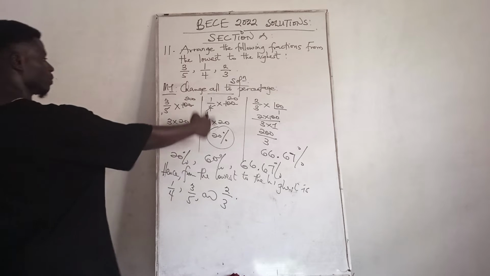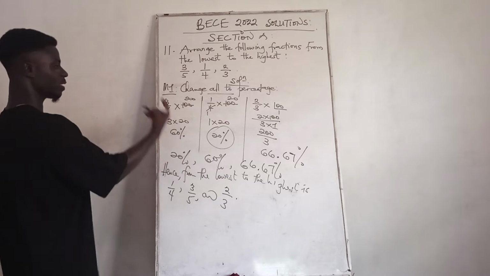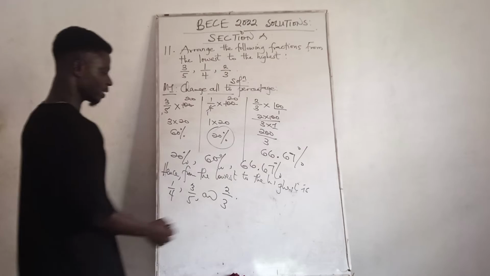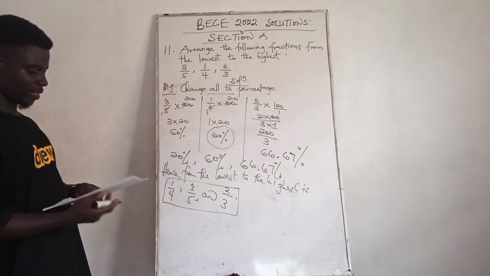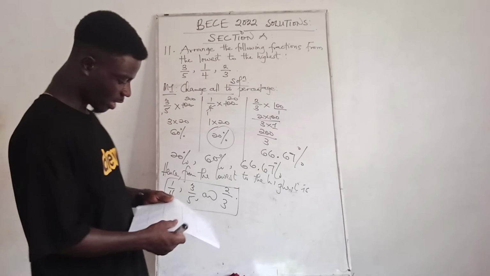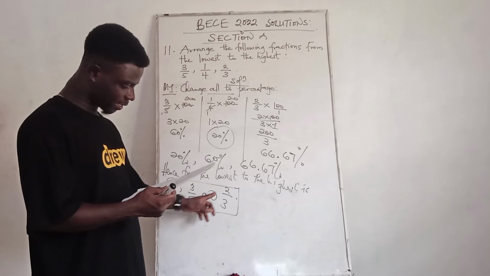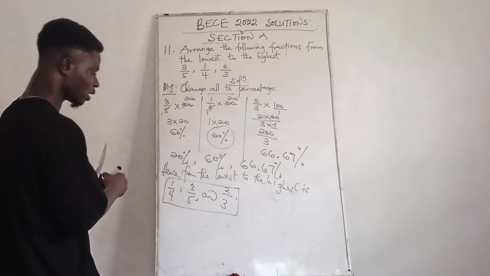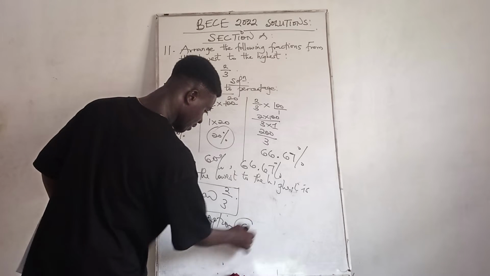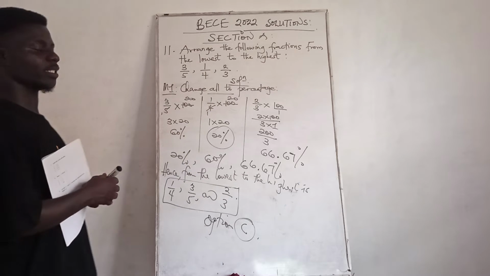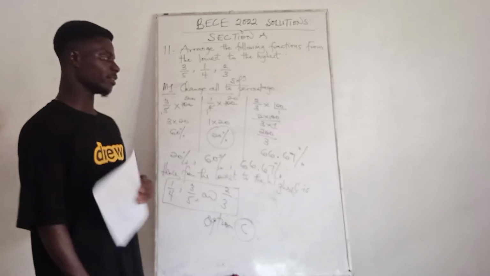So we have it as 1/4, then 3/5, then 2/3, which is our option C. Option C, which is very simple. Kindly watch it carefully.